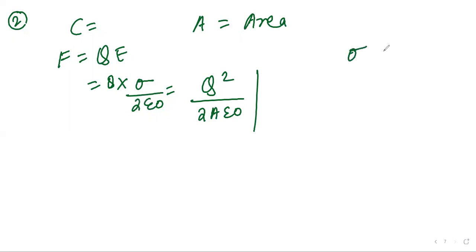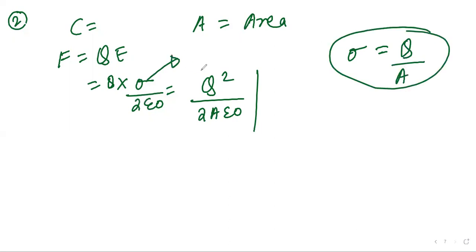Sigma is nothing but charge upon area. So here, instead of sigma, we have taken Q and A. So this is the formula.